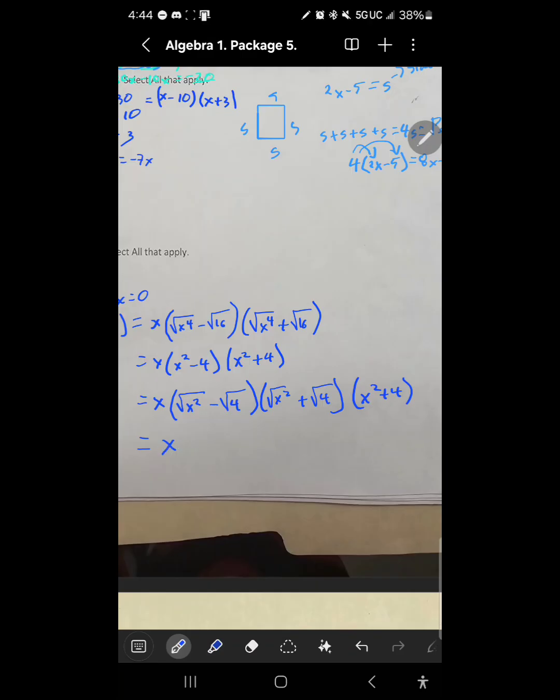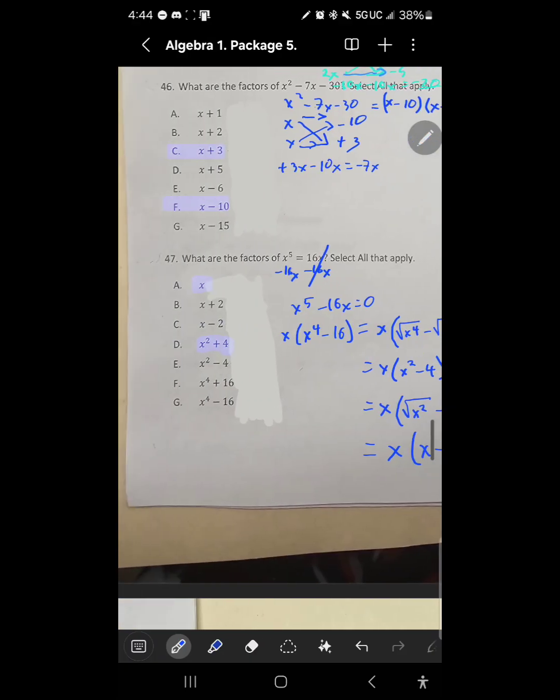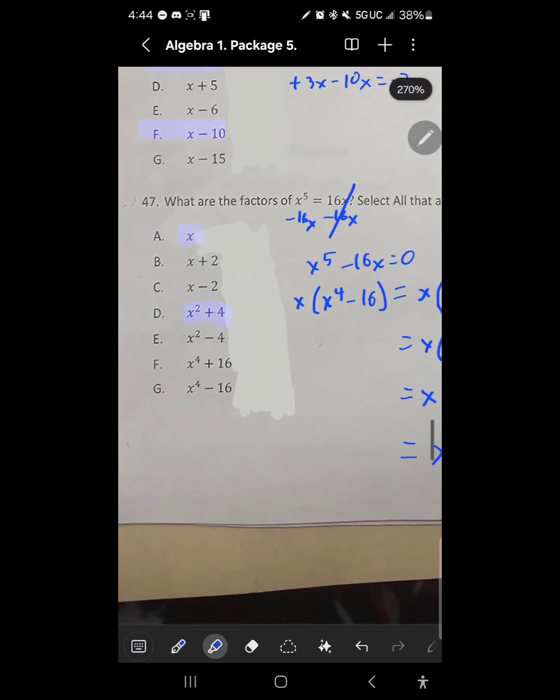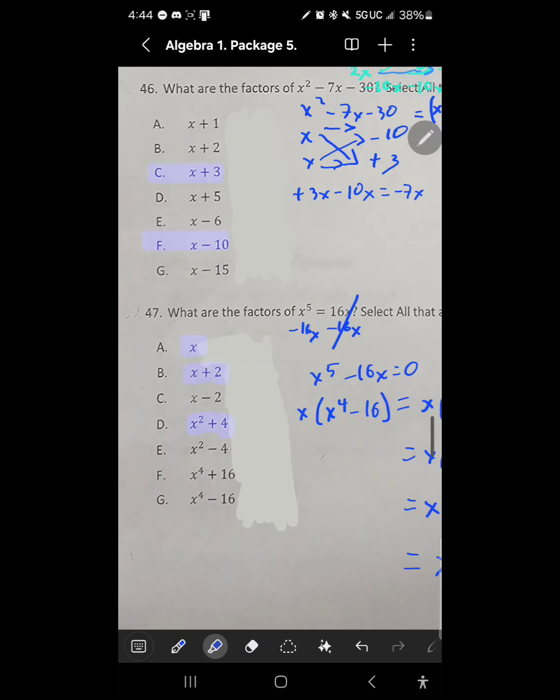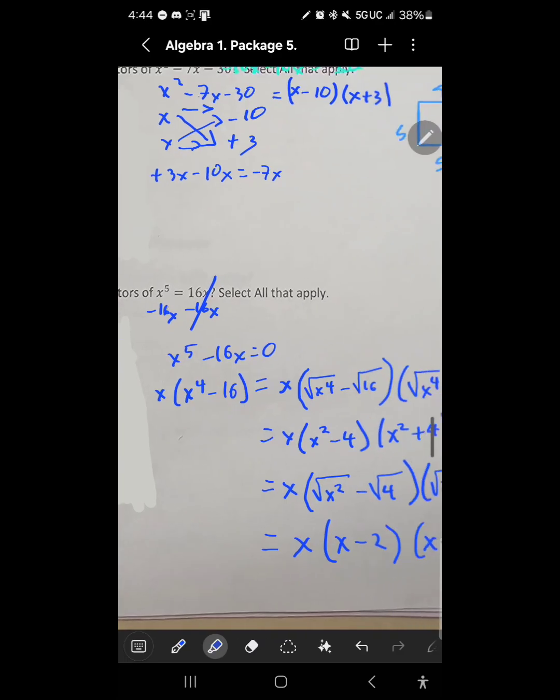So here we just solve for this. The square root of x squared is x, the square root of 4 is 2, so x minus 2 and x plus 2. And then here we keep the x squared plus 4. And now it says select all that apply. So I'm not sure about here and here.